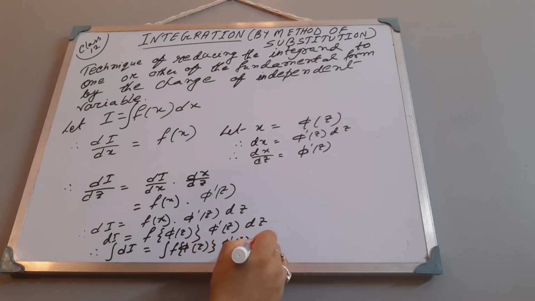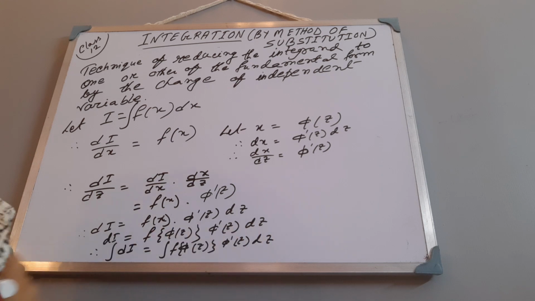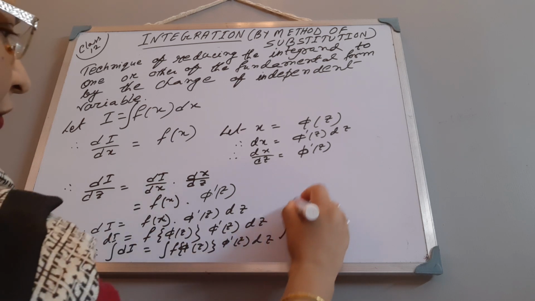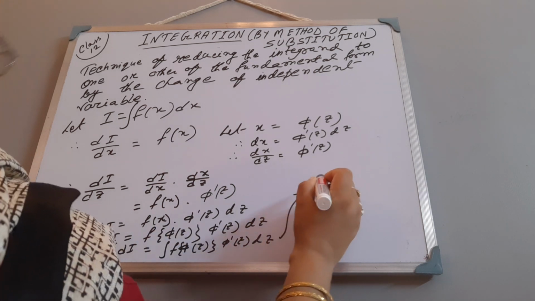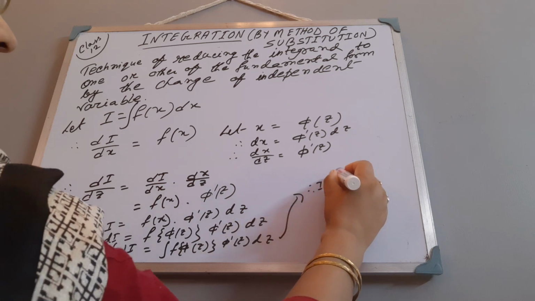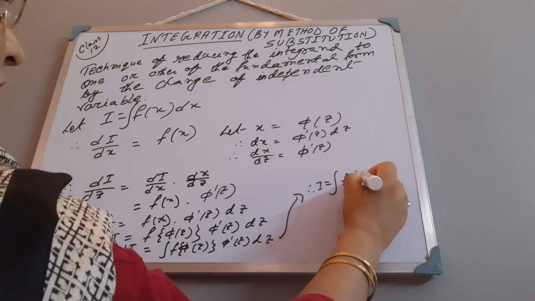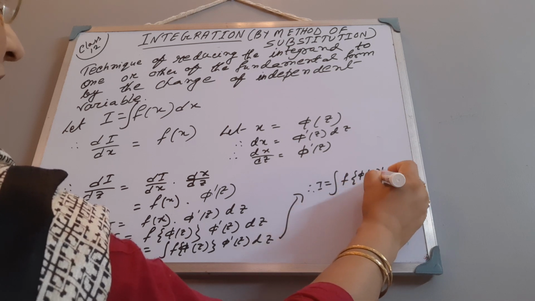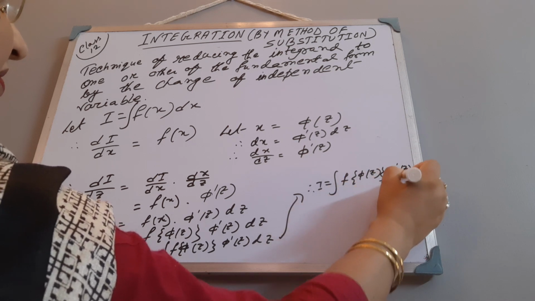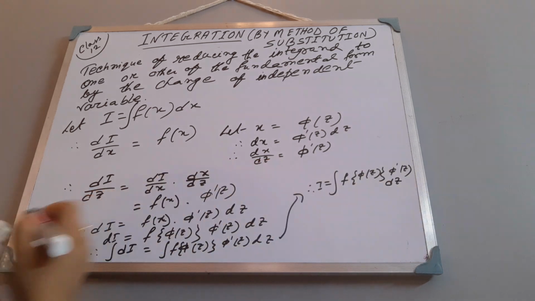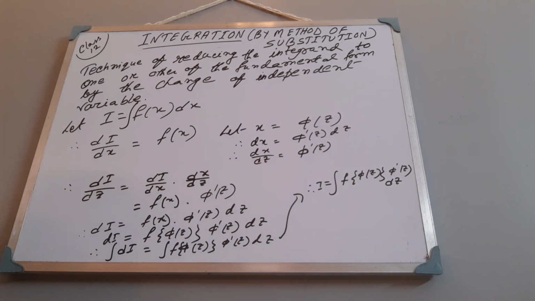Therefore I is equal to integral f(phi(z)) phi dashed (z) dz. This is the way to find the integral by the substitution method.